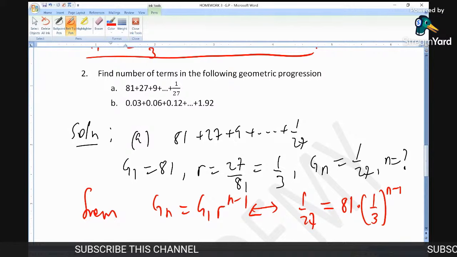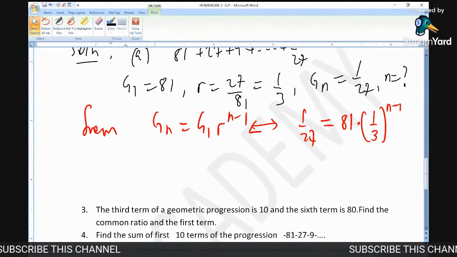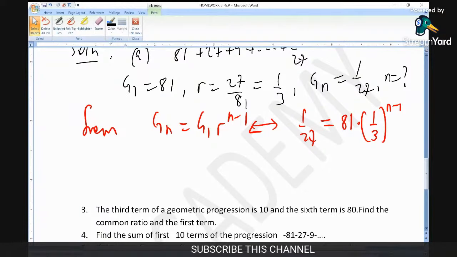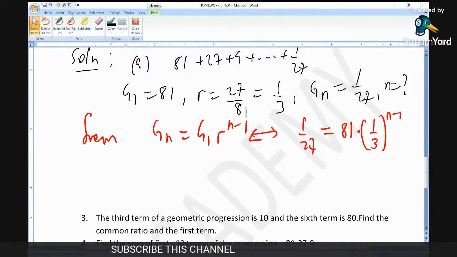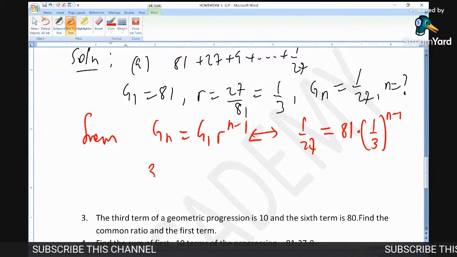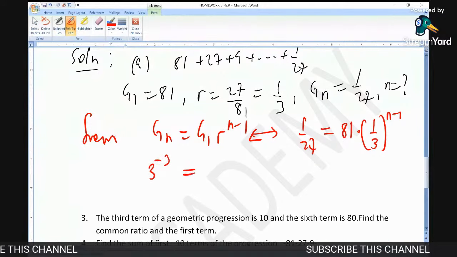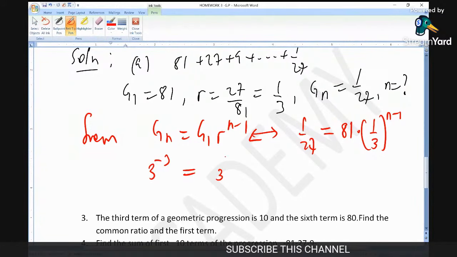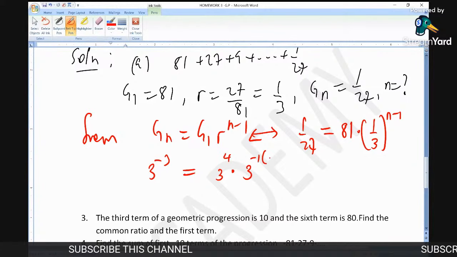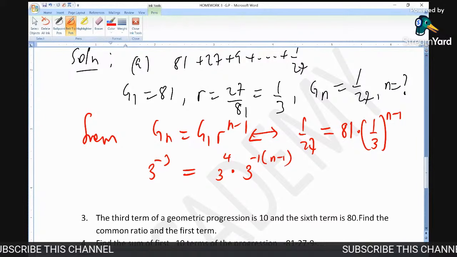We are going to simplify, expressing these expressions into exponents. So 1 over 27 is 3 power negative 3, equals 3 power 4 times 3 power negative 1 in the bracket n minus 1.